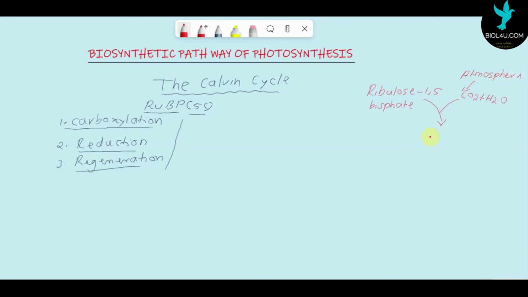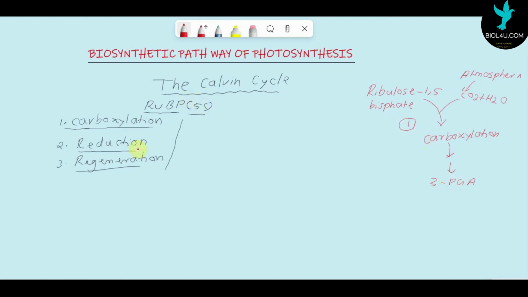This reaction is known as the carboxylation reaction. So this is the first reaction. It produces 3-phosphoglyceric acid. This is known as a carboxylation reaction.